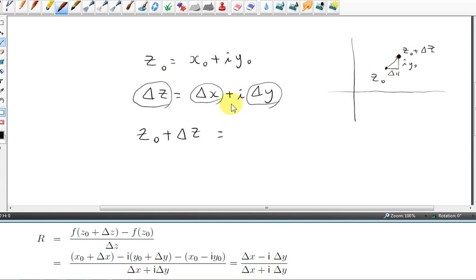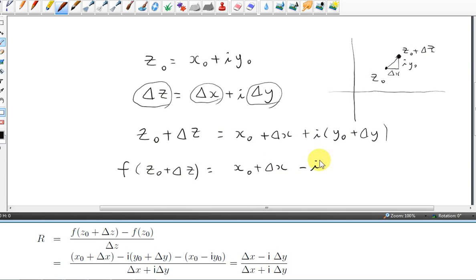So if we do this, we get x0 plus delta x plus i times y0 plus delta y. So to get the value of the function at this point, we just change the sign of the imaginary part, because our function is f of z equals z bar.